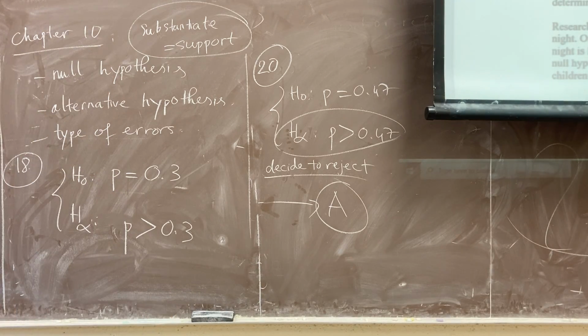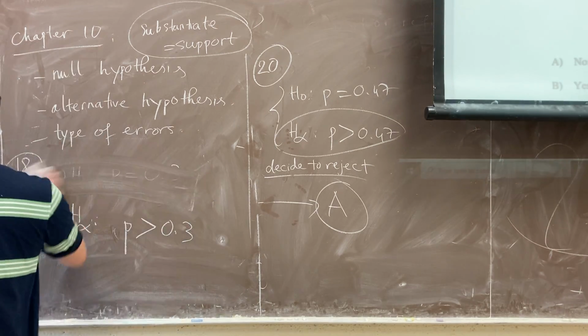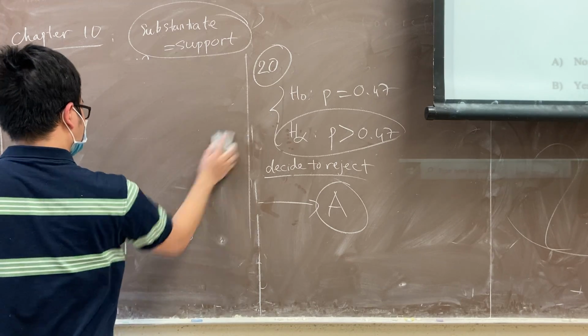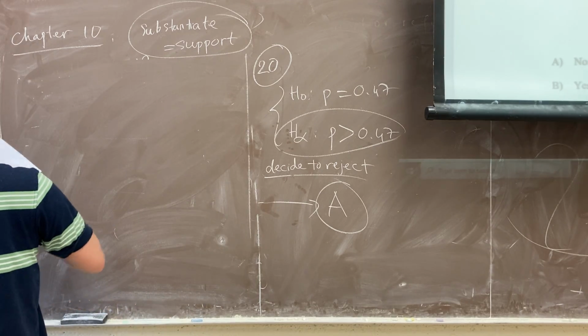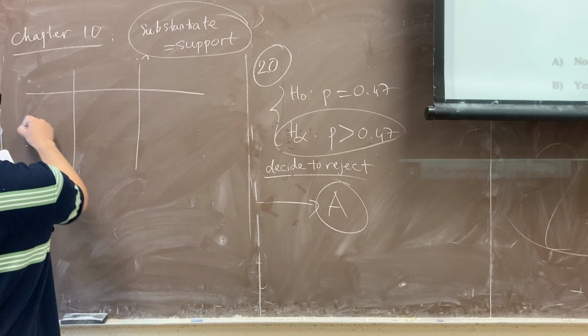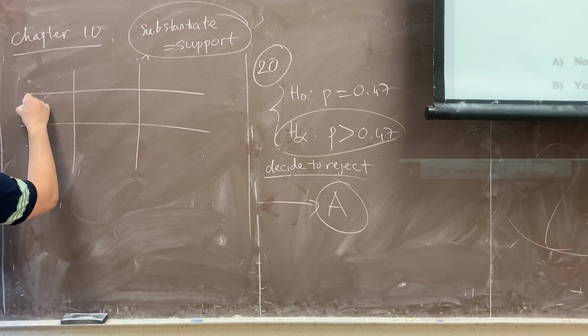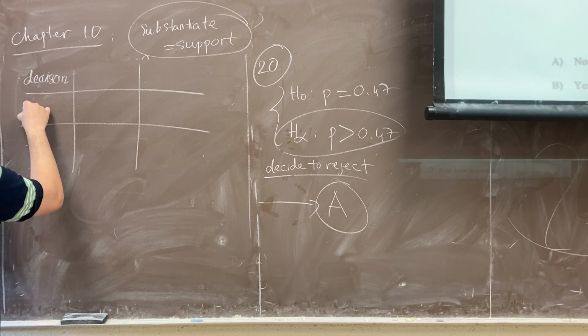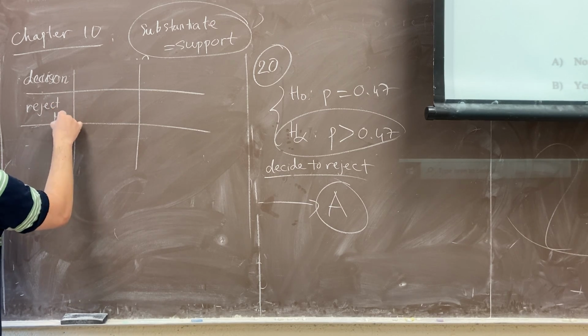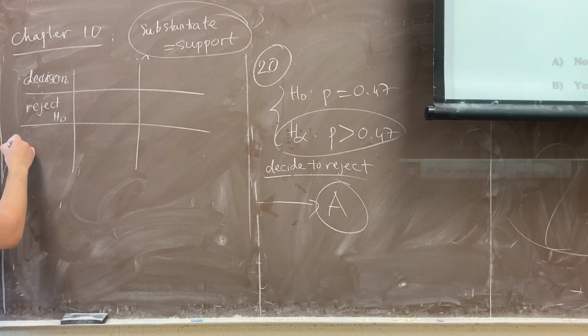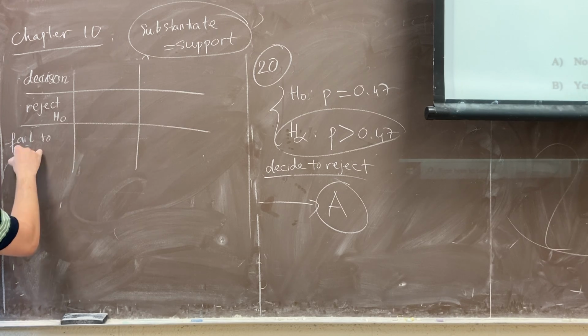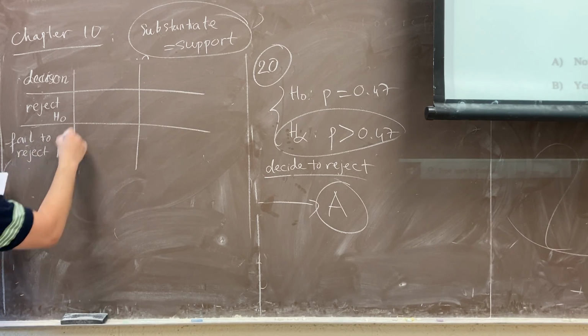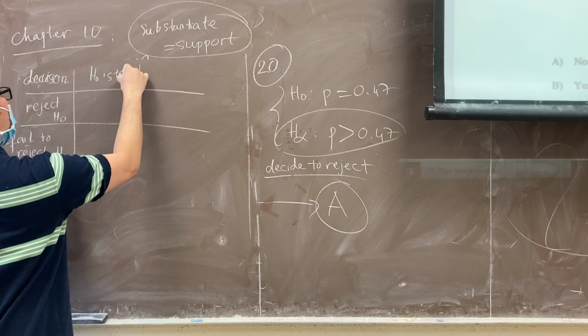Okay. One more question, and then we finish. One more question is 10.1. 10.1 is a type of error. Okay, I just write the table for you to understand here. So we have the table here, we have the decision here. We have two decisions: we reject the null hypothesis, or we fail to reject the null hypothesis. And when H0 is true and H0 is false.